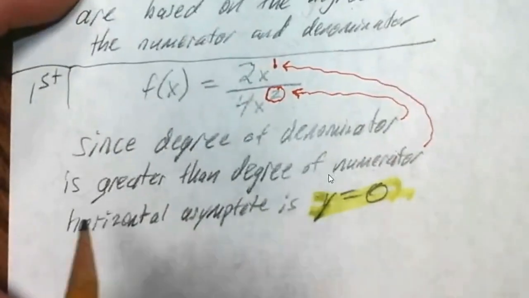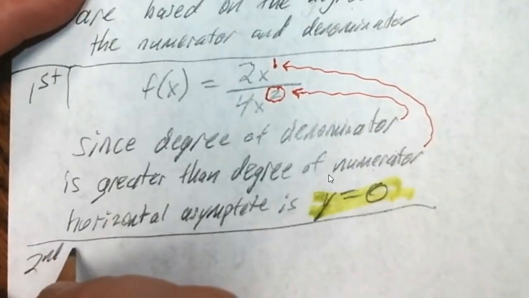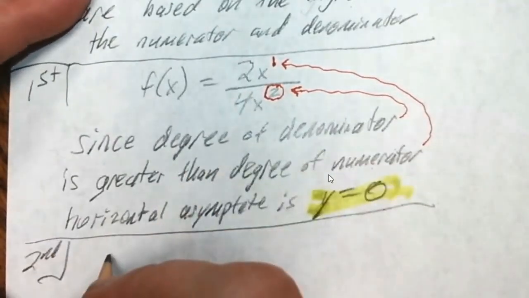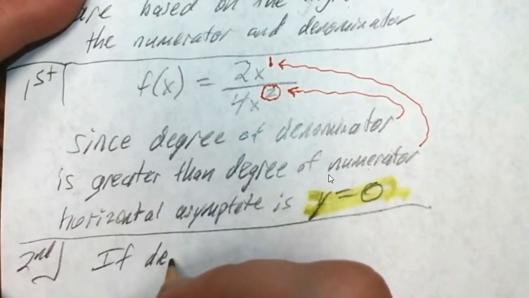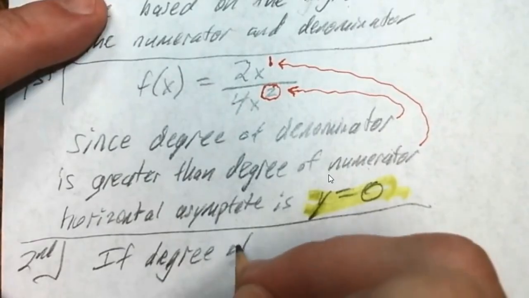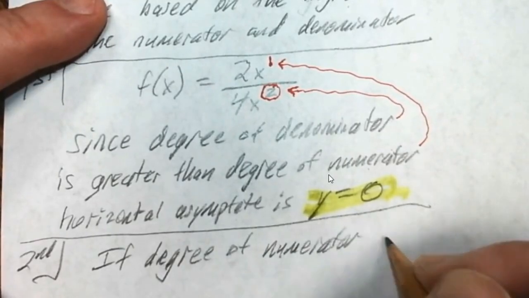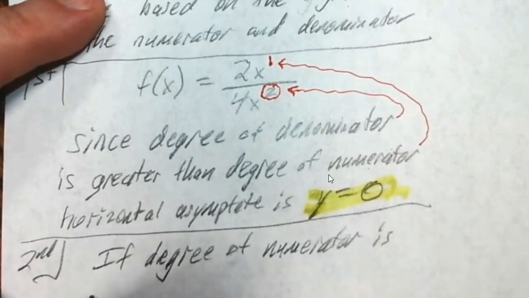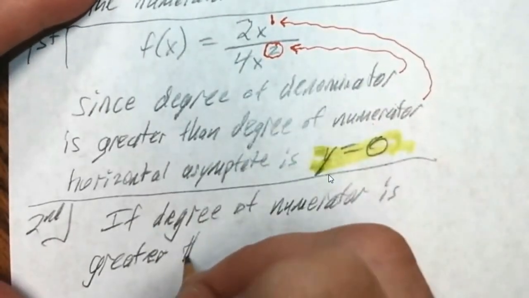That's the first case. The second case: if the degree of the numerator is greater, bet you know where I'm going with this, huh?